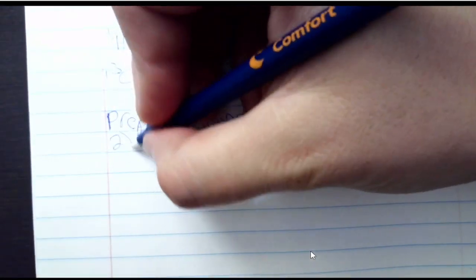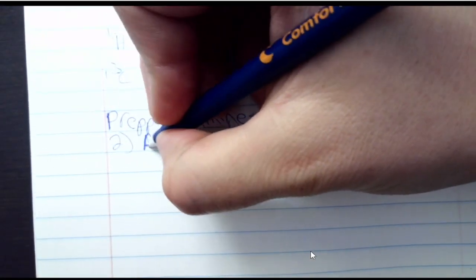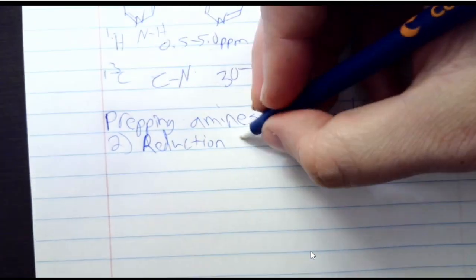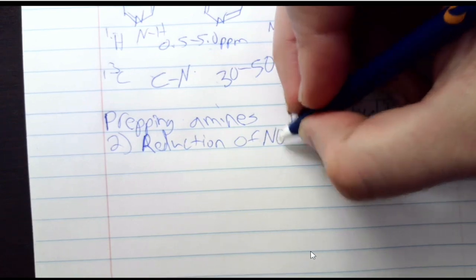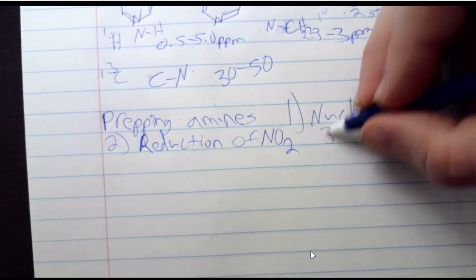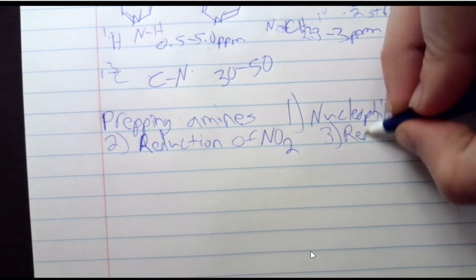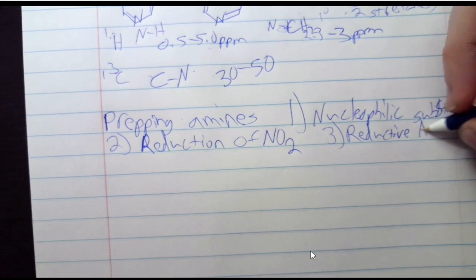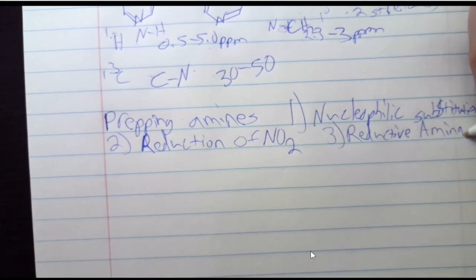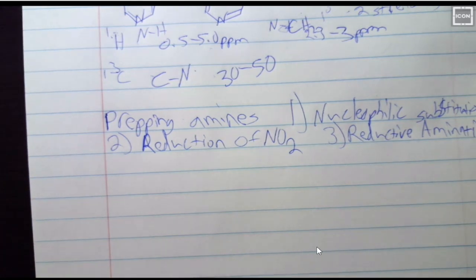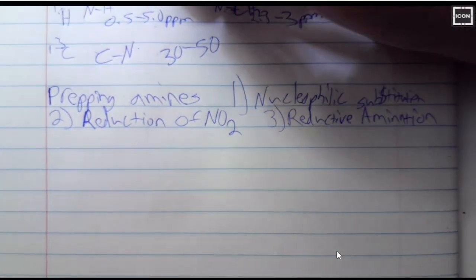Number 2 is reduction of nitro groups. And number 3 is called reductive amination. So it's slightly different from reducing the nitro groups, but it's still the same idea of reducing.